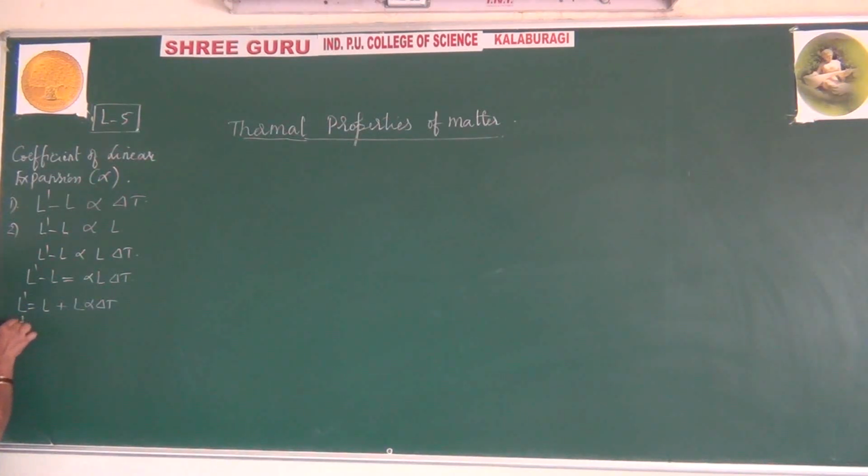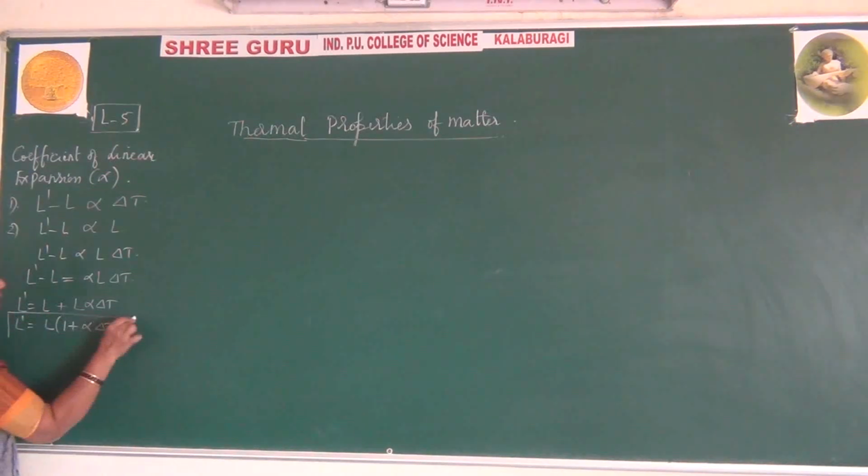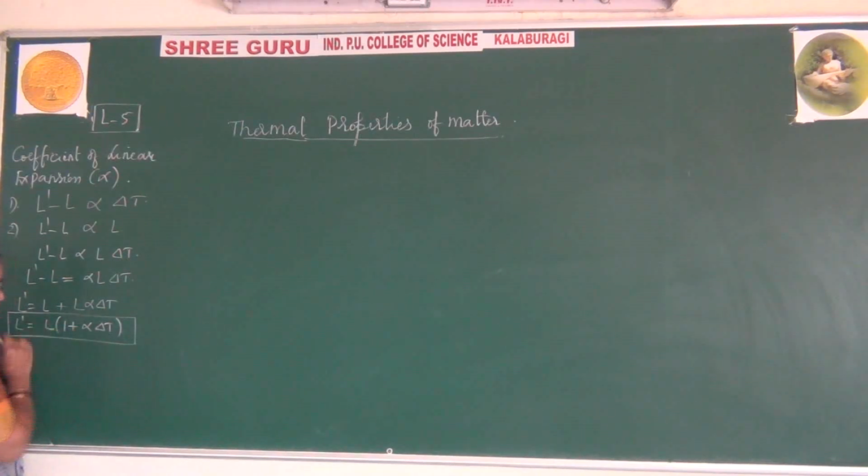This can be written as L dash equals L into 1 plus alpha delta T.